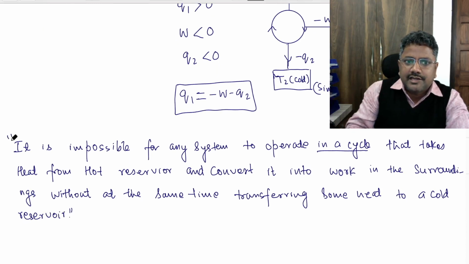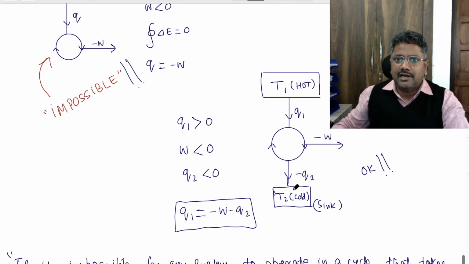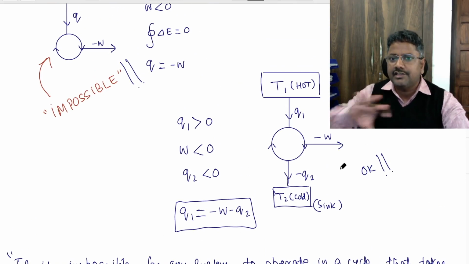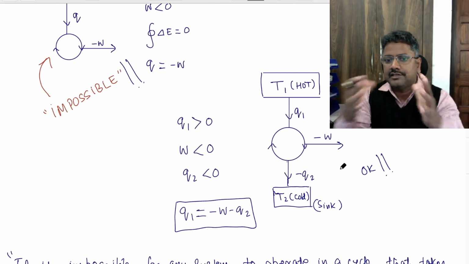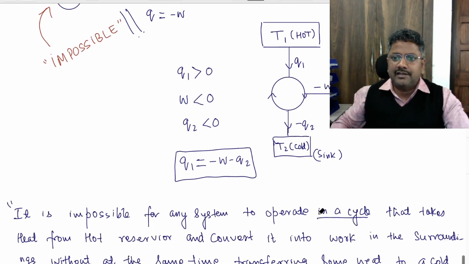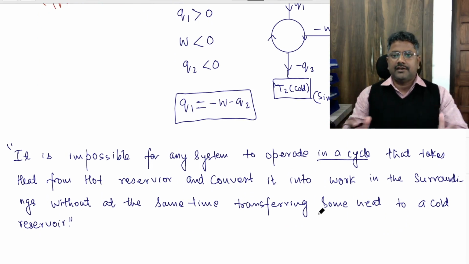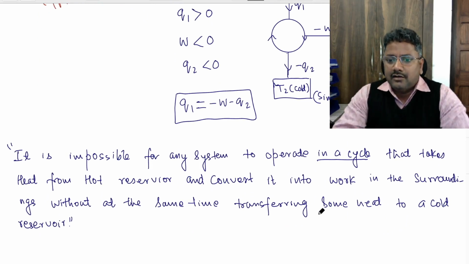So this is the statement of Kelvin, and this is the representation of a heat engine. A heat engine basically works on this concept. This is the first statement of the second law, given by Kelvin.